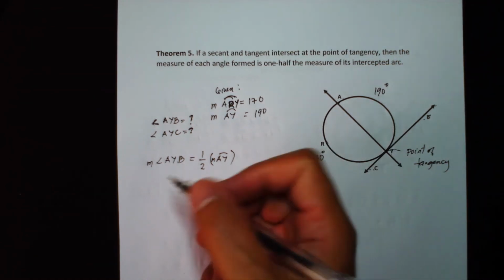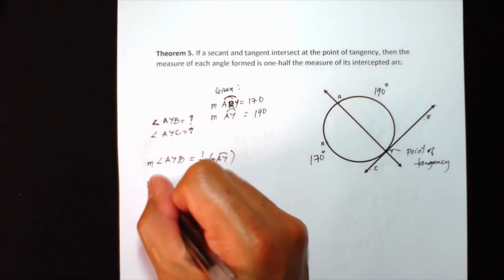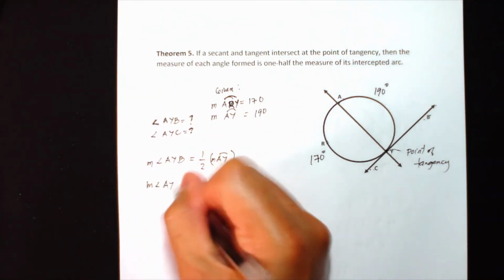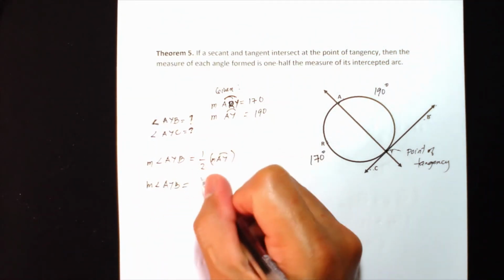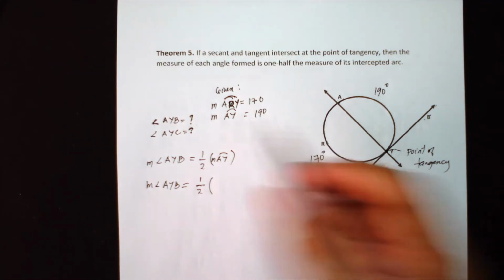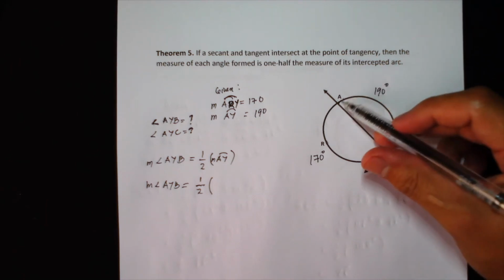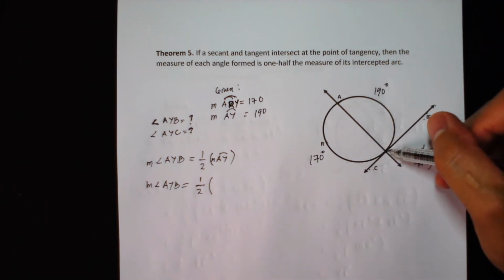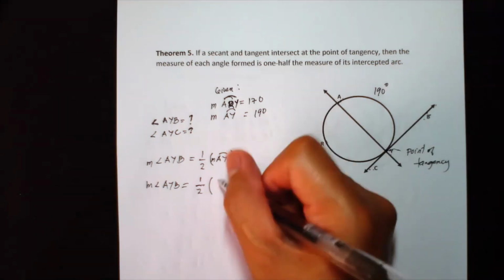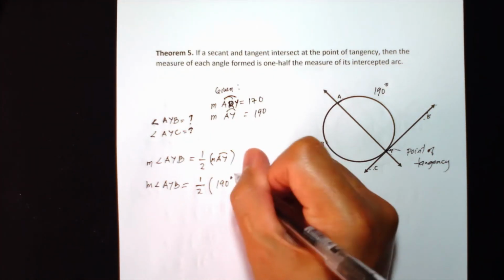Using the theorem, let us now find the measurement of angle AYB. It is equal to 1/2 of its intercepted arc, arc AY, which is 190 degrees.